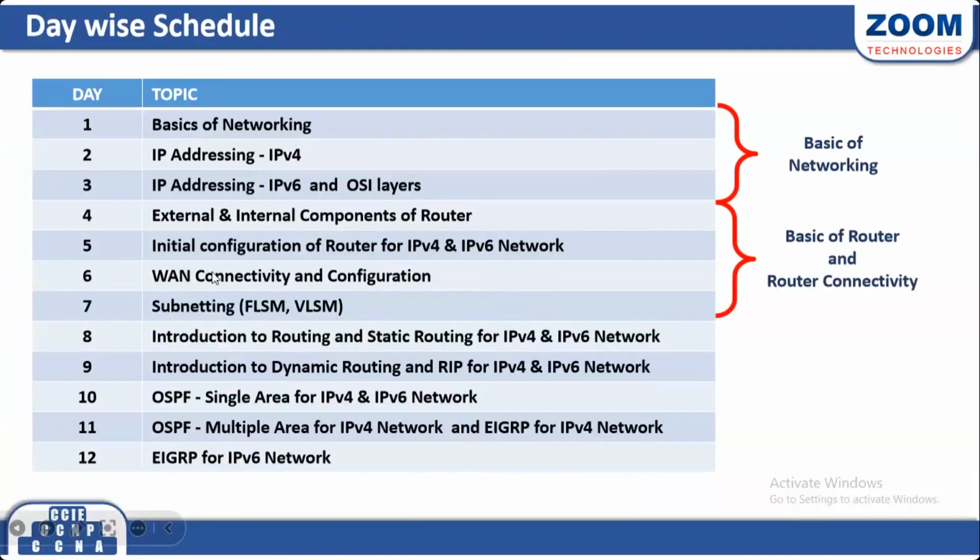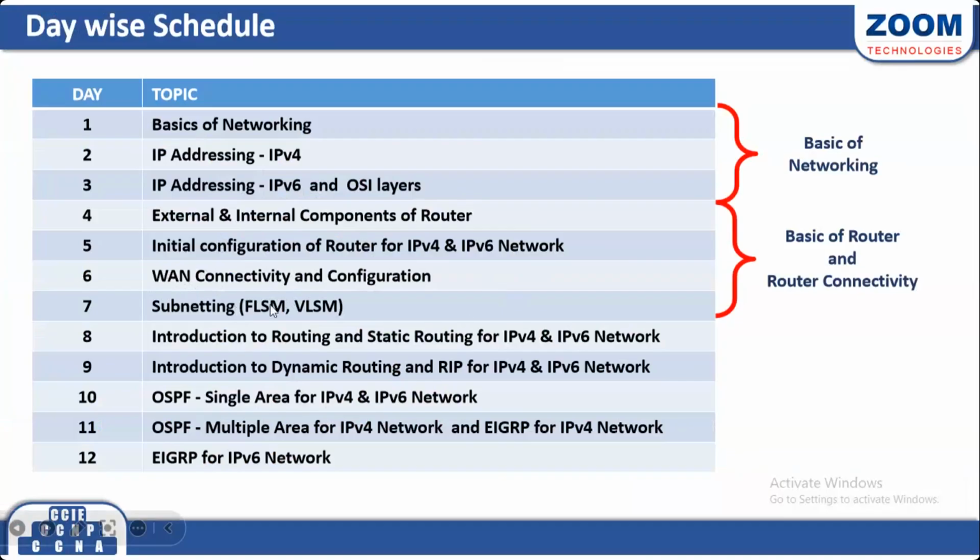Then emulation software and configuration commands, if you want to configure this router initially. Then WAN connectivity, which is wide area network, meaning router to router connectivity. When you connect routers of different branches together, this is called a WAN. So on each router, after initial configuration, we have to configure WAN configuration.